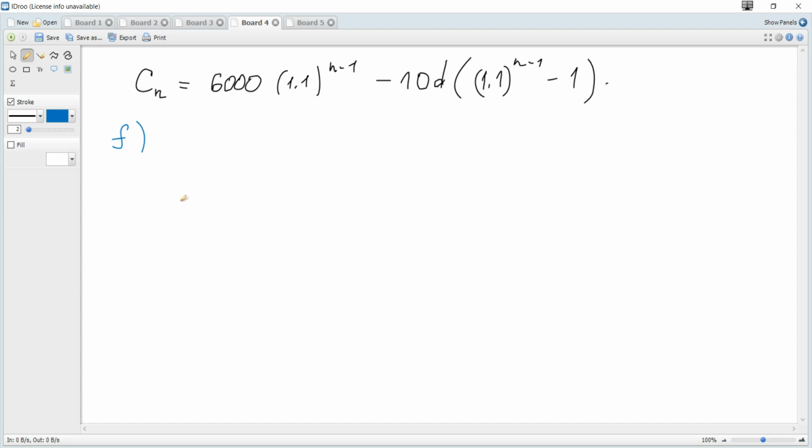Since it's constant, we can consider that the number for the next year is equal to the number for the current year. Because it is constant, we can write it like this, and then just substitute n plus 1 for n into this expression, equate it to Cn, and solve for d.